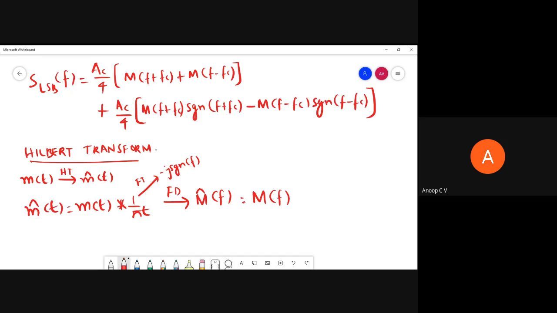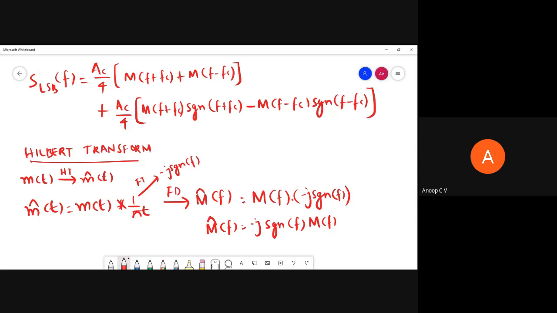So m of t convolved with 1 by pi t, in frequency domain, convolution becomes multiplication. So it will be m of f multiplied with minus j signum of f. This is m cap of f.